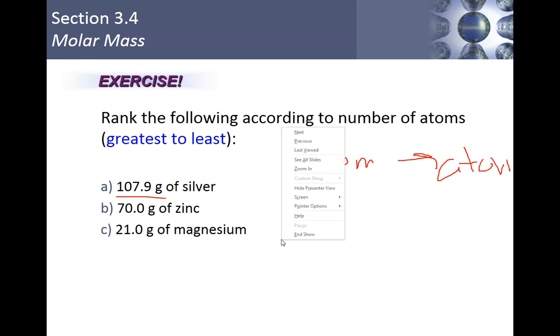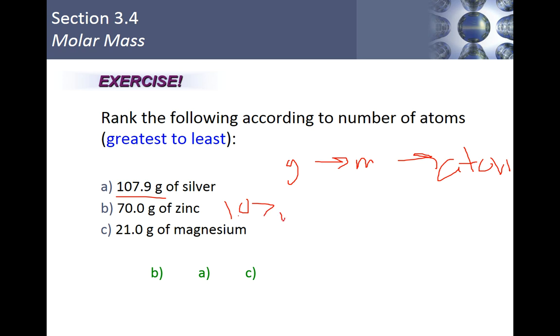So this is the order of them right here. After you convert each of these from grams to moles, you'll see that zinc converts to 1.07 moles, silver converts to 1 mole, and magnesium goes to .864 moles.